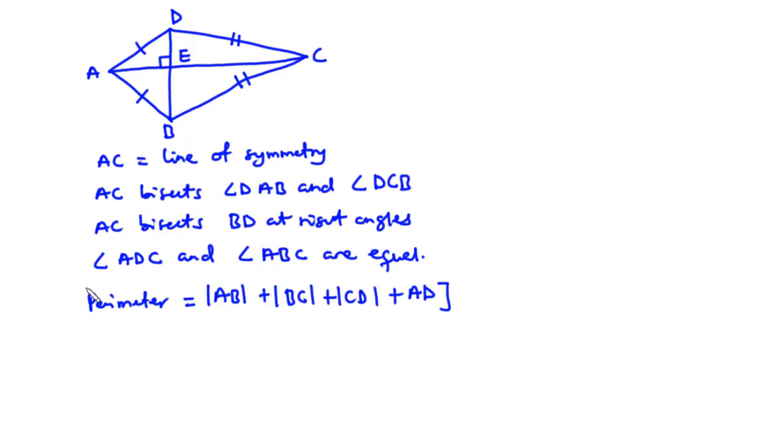This is how to find the perimeter of a kite. And also for the area, it is given by half times the product of the diagonals. So these are the diagonals AC and then BD. So half times the side AC and the side BD.